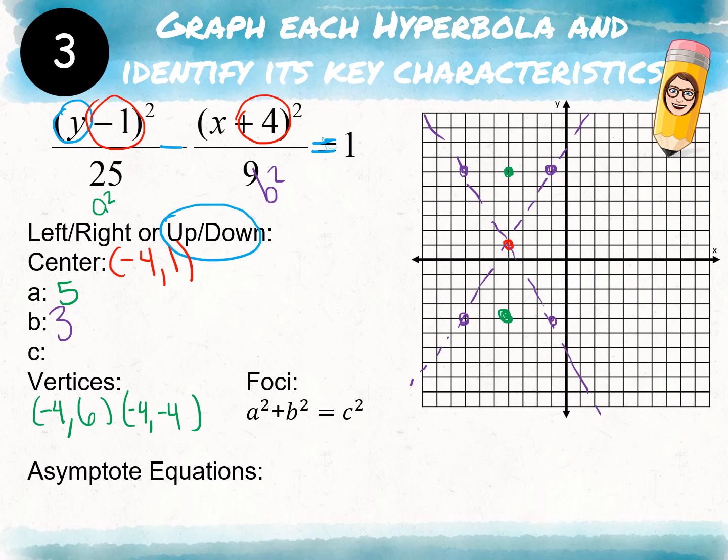Let's talk about those equations next. I'm going to jump ahead to the asymptote equations. Now, we can't easily do slope-intercept form because I don't know where these asymptotes cross the y-axis, and they might not cross nicely. And so I recommend translated form. The slope, we can just count 5, 3. That's our b value. Rise 5, run 3. One of them is negative. Sorry, that negative was a little last minute.